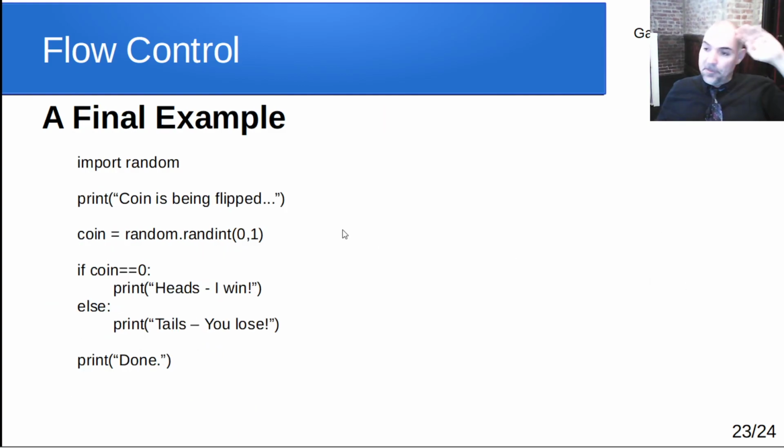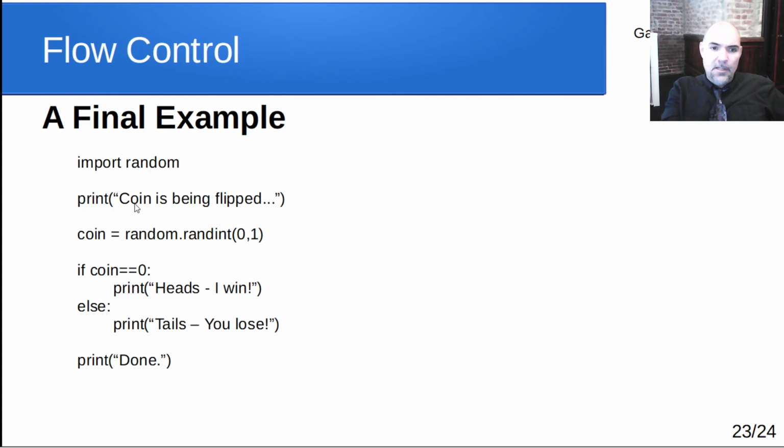Now, one final example that I want to do that uses random.randint along with an if statement to make a decision is this kind of coin flip simulation. So notice, since I'm going to be randomly choosing heads or tails, I go ahead and import random.